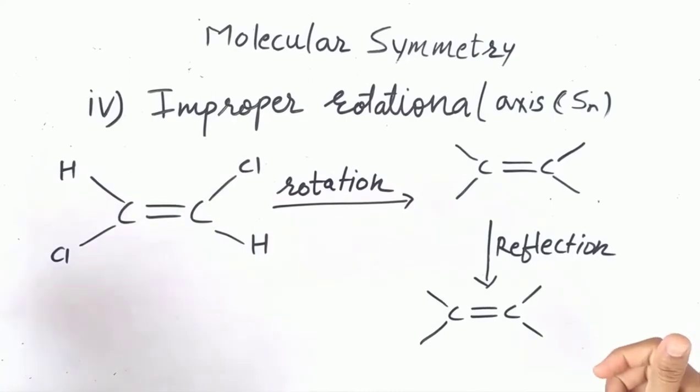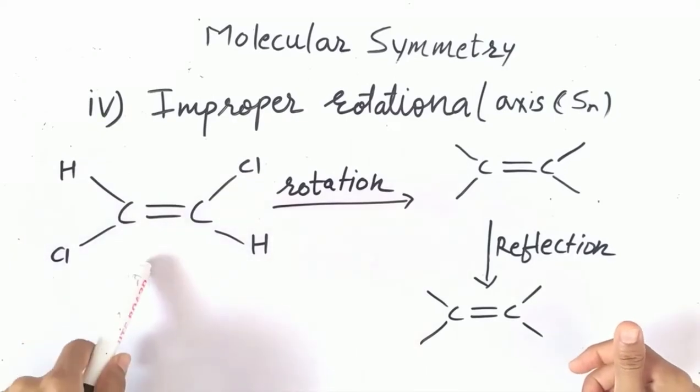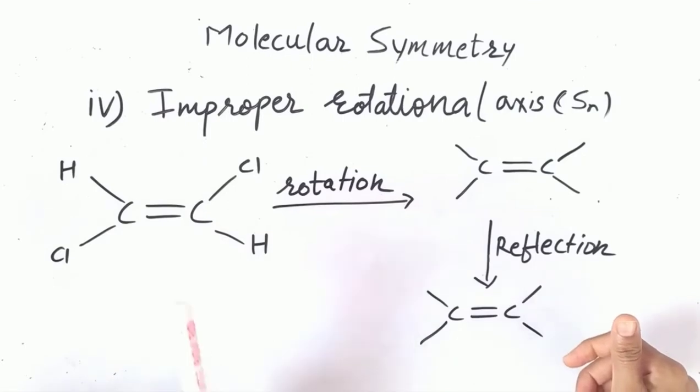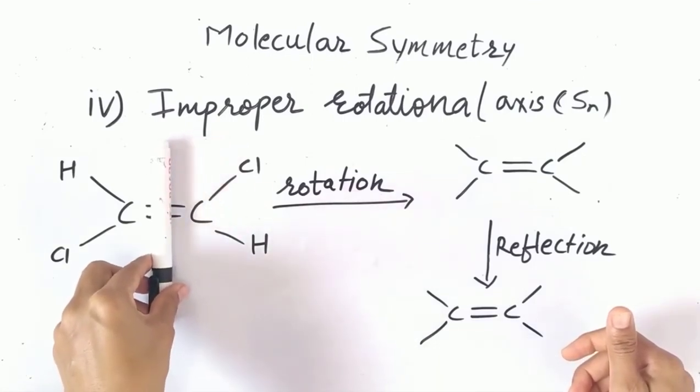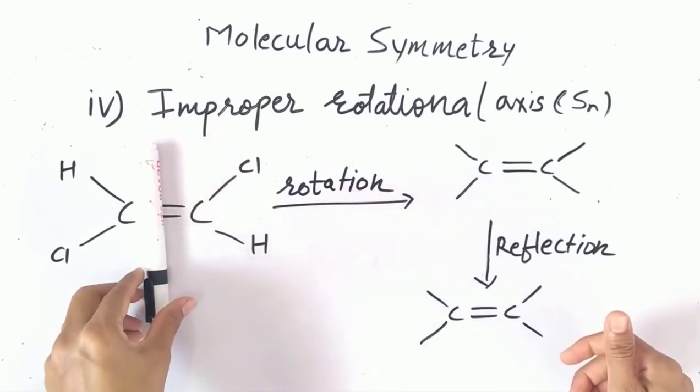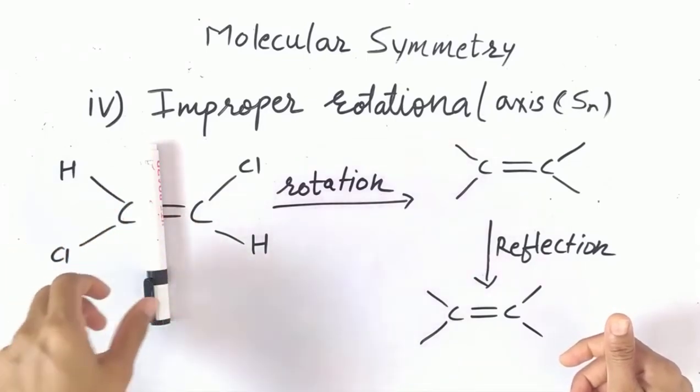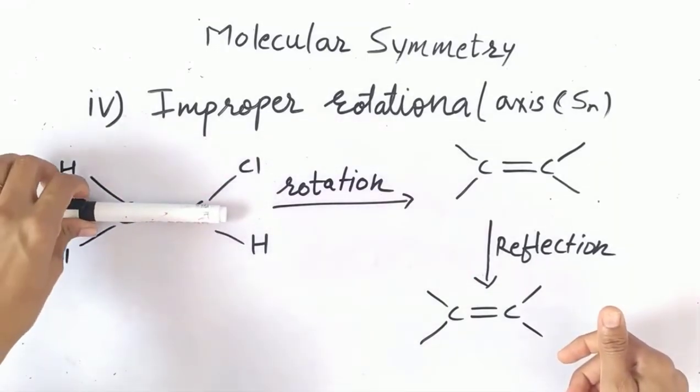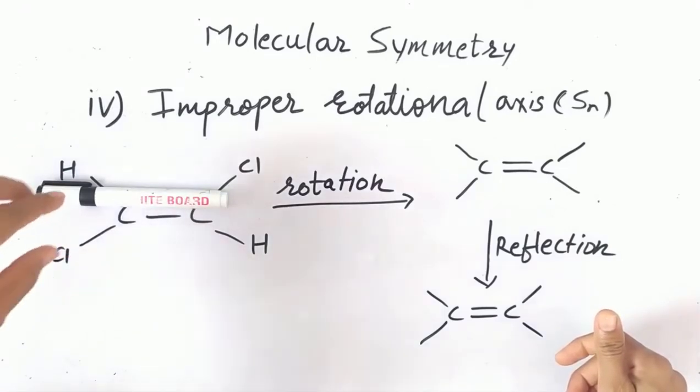We have already seen in this example how the principal axis will be passed. We can pass one rotational axis like this, which has two-fold rotation. We can pass the rotational axis like this also, having two-fold rotation.